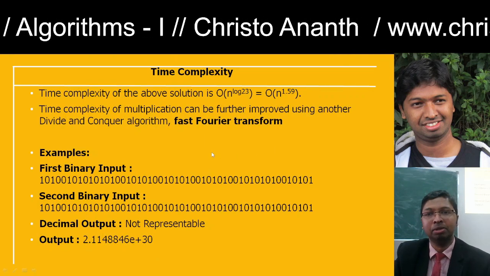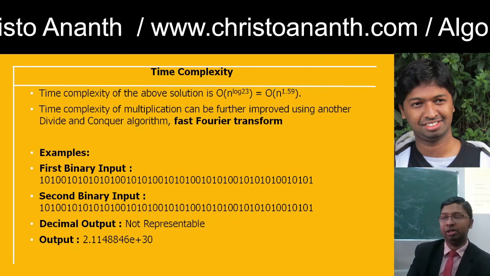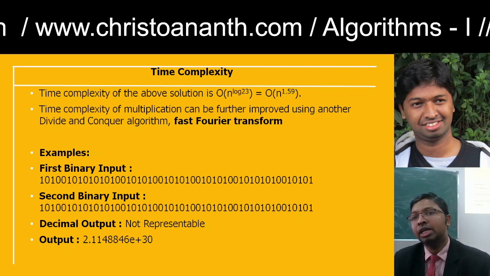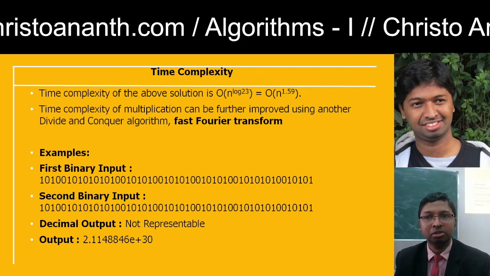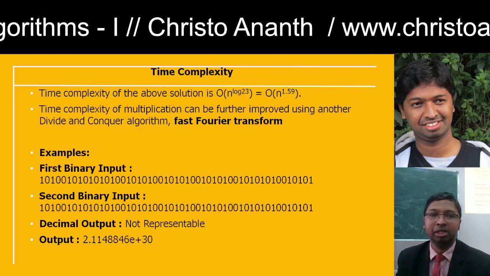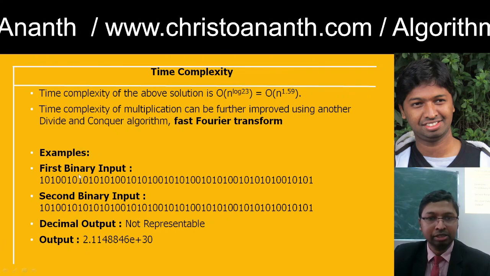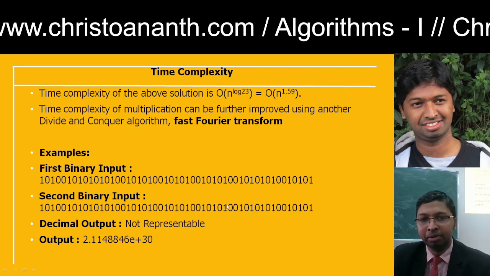So this is the time complexity. Here order of n^(log2 3), it is actually, we already discussed, order of n^1.59. Okay, so especially for the time complexity, you can generally improve it in the case of the fast Fourier transform. So let us take the case of a long binary input and a second binary input.